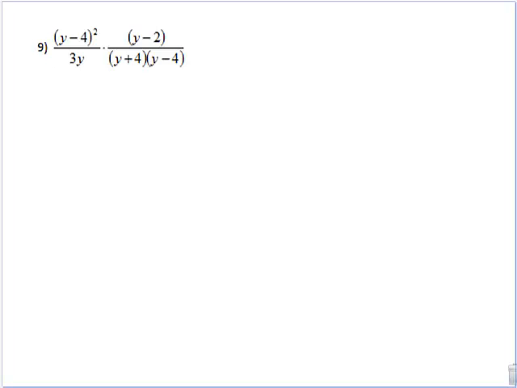So what on here? Everything's already factored down for us, so what can we simplify? Okay, yep, so I have a 1 y minus 4 here will cancel with one of those. So instead of squared, I'll just have one of them left, and that one will cancel. And then can we simplify anything else?